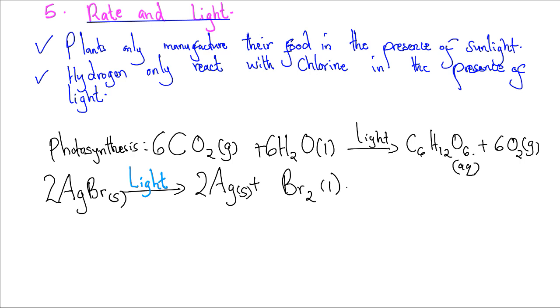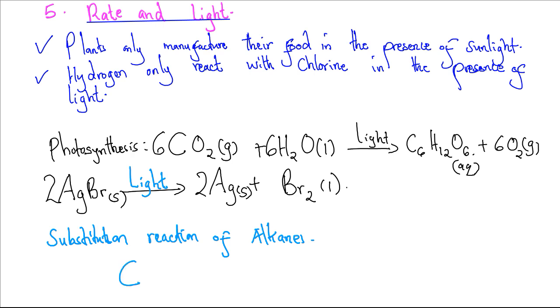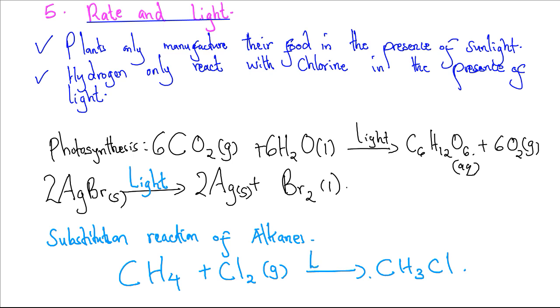Even in a substitution reaction of alkanes, and we discussed this in Form 3 chemistry, that is Organic Chemistry 1, where we said that methane is able to react with chlorine gas to form chloromethane just in the presence of what we call UV light.